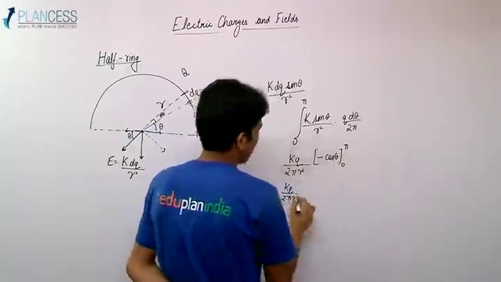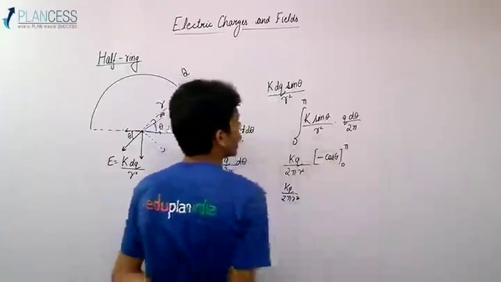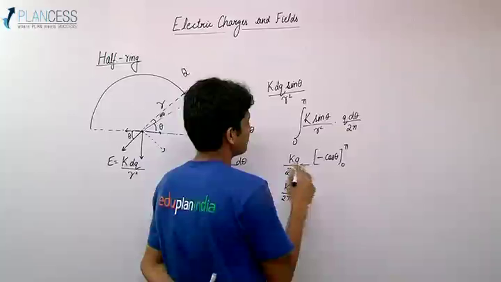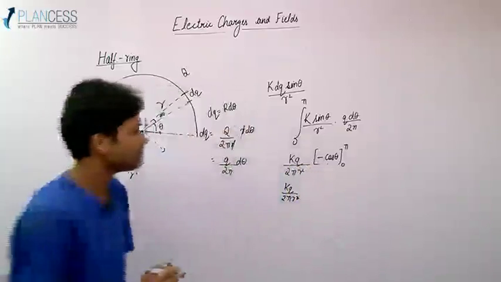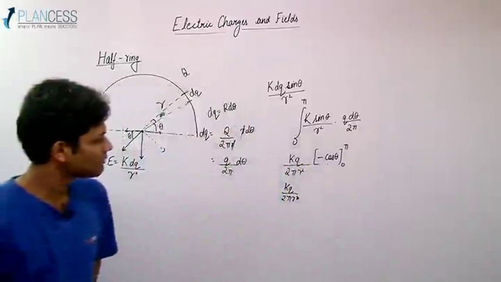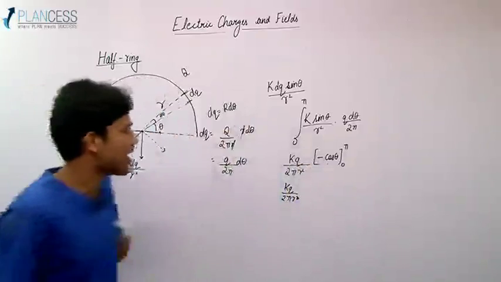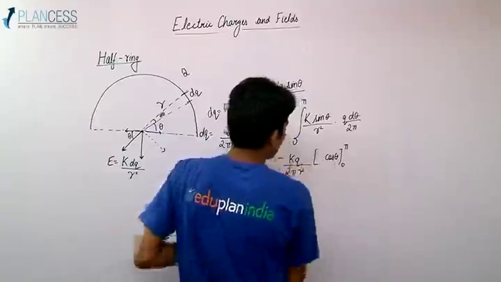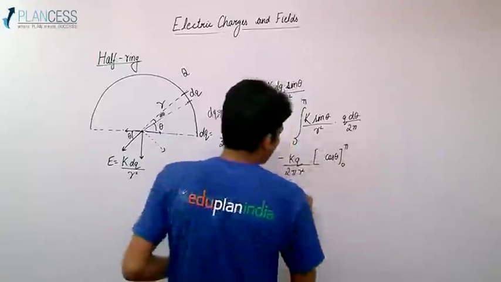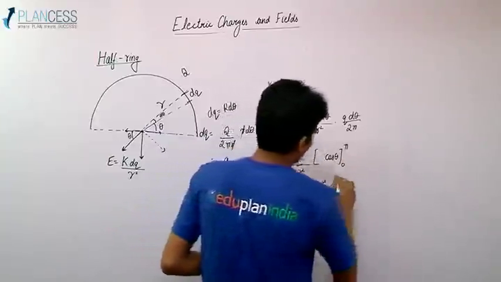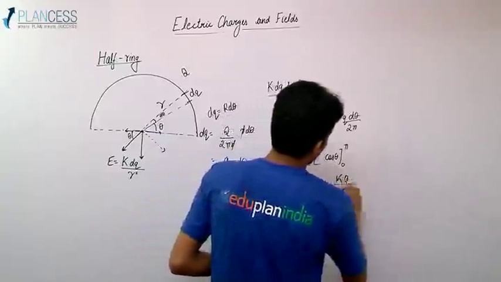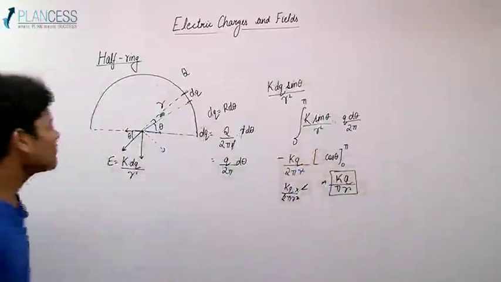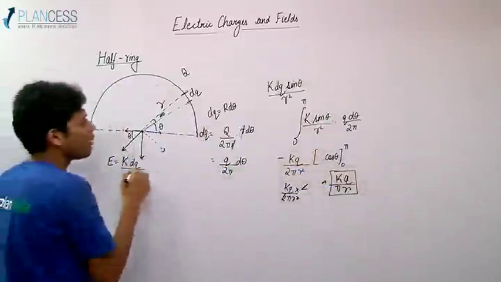If we put the limits on minus cos theta from 0 to pi, cos pi is, as you all know, minus 1. So we can take the minus outside and we get minus of minus 1 minus 1, which comes out to be 2. So we get the formula kq upon pi r square for the electric field by a half ring at its center.